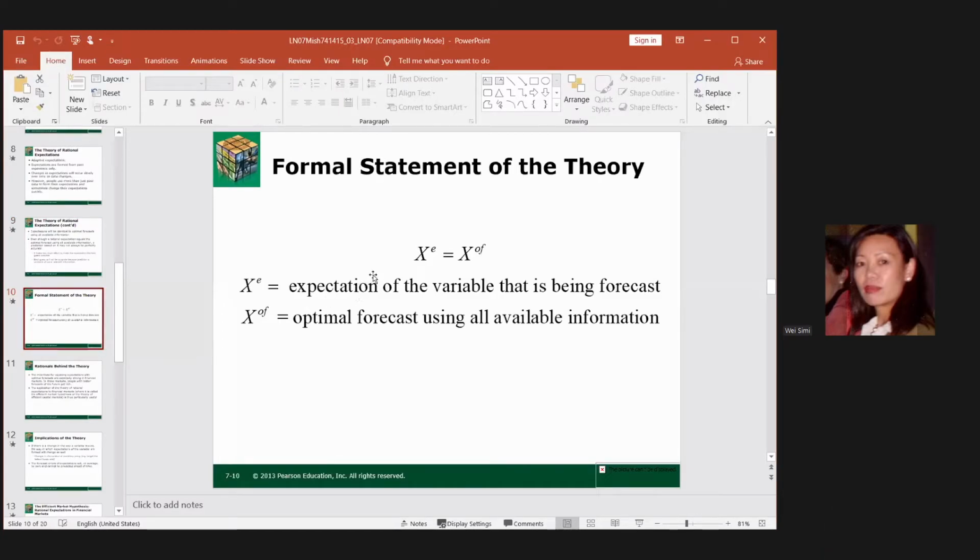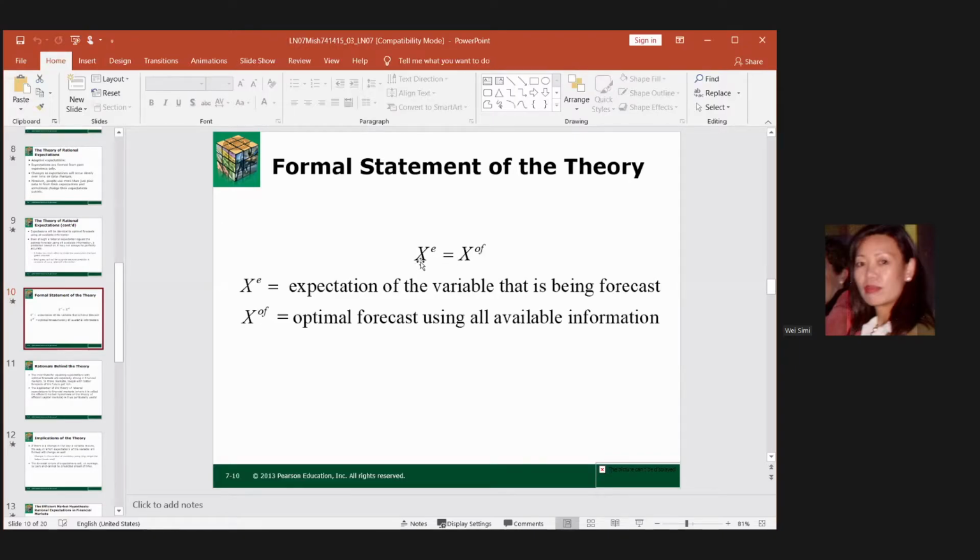So here we have a variable x, based on everything we just talked about, the optimal forecasting, rational expectation. This variable can be any variable. If x is the interest rate, you expect the interest rate to equal your optimal forecast interest rate.